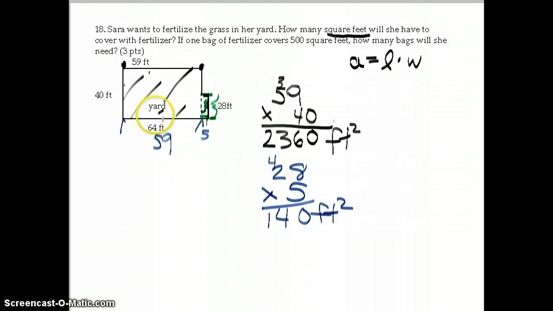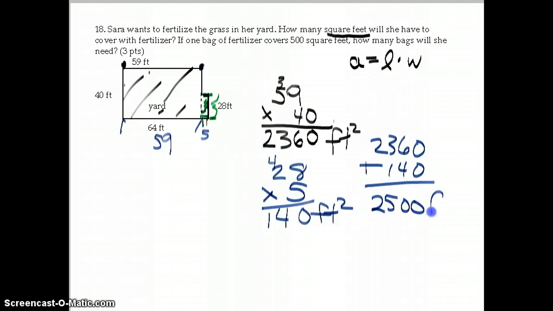So we have the area of the big part of the yard, 2360, and the area of this tiny little part of the yard, 140. So we can add those two together. 2360 plus 140 gives us a total of 2,500 square feet. So that is our answer for the first part of the question.